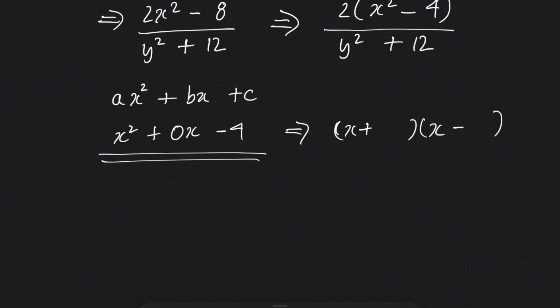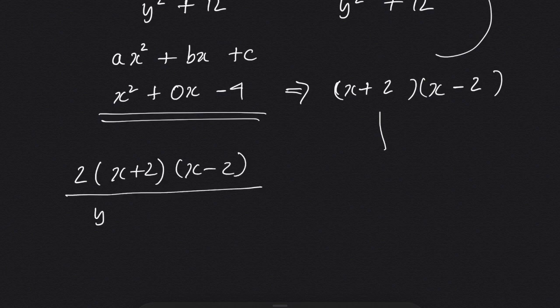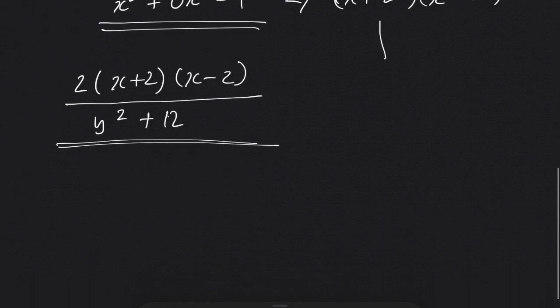Well, there's only two numbers that can do that, and that would be 2 and 2. Therefore, we have a plus 2 and a minus 2. So we can put this back into our expression, and in the final form the answer is 2 times x plus 2 times x minus 2, all divided by y squared plus 12. We could also take this further on the bottom and do the same here, but for brevity, we'll leave that as it is, and that will be the answer to our question.